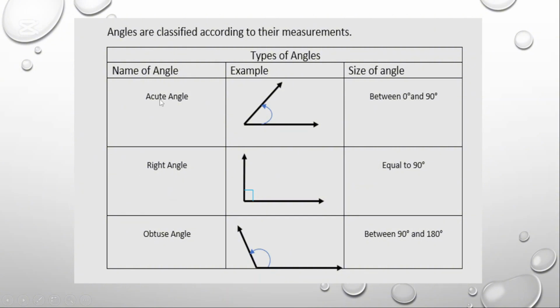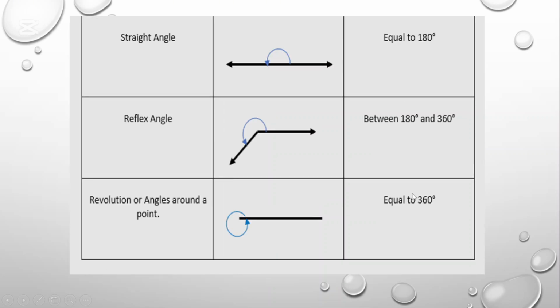So we have our acute angle between 0 and 90, our right angle equal to 90, our obtuse angle between 90 and 180. Then we have our straight angle, equal to 180, our reflex angle between 180 and 360, and lastly the revolution or angles around a point equal to 360.